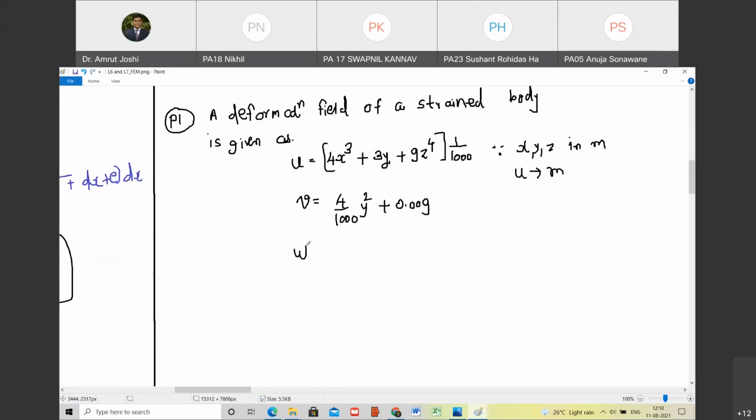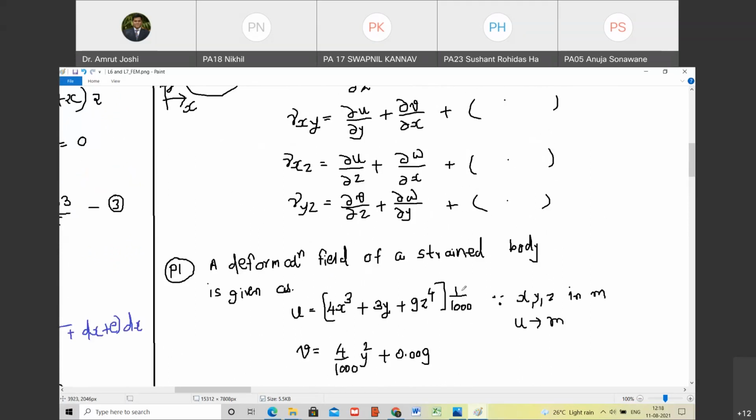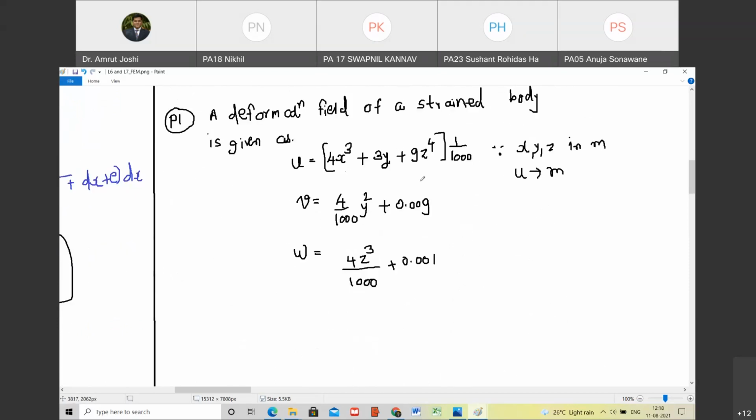And w is given by 4 z cube by 1000 plus 0.001. Happy? Yes, sir. This is the deformation field that is given to you.